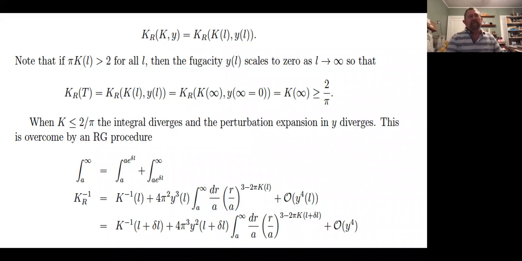Now, remember that an equation like this is the whole content of a renormalization group. It just tells you that the same physical quantity is equal to an effective quantity given in terms of different coupling constants.